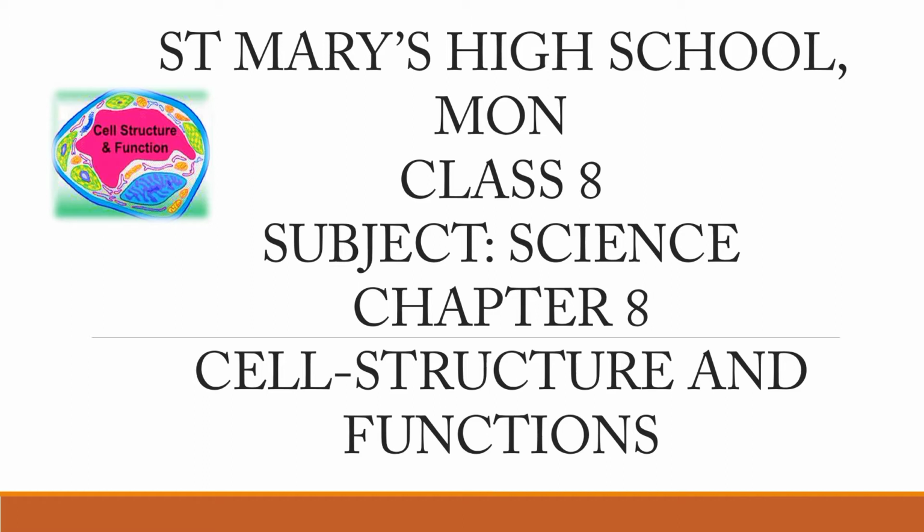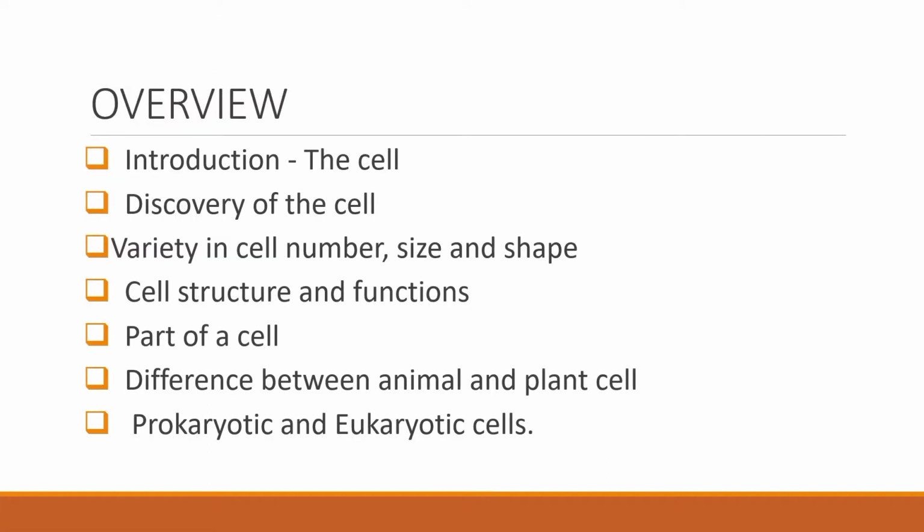In this chapter we will be discussing the introduction, the discovery of the cell, varieties in cell number, size and shape, cell structures and functions, parts of a cell, the difference between animal and plant cells, prokaryotic cells and eukaryotic cells.